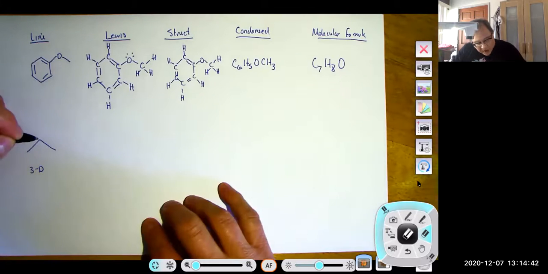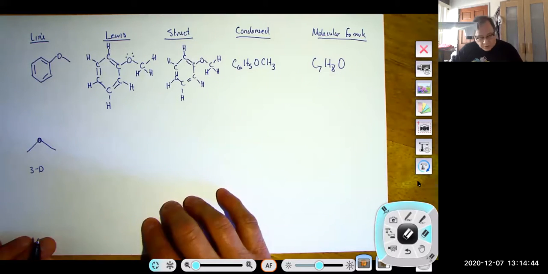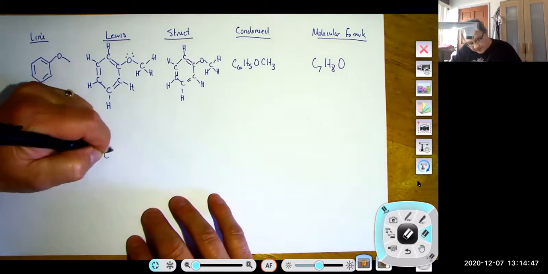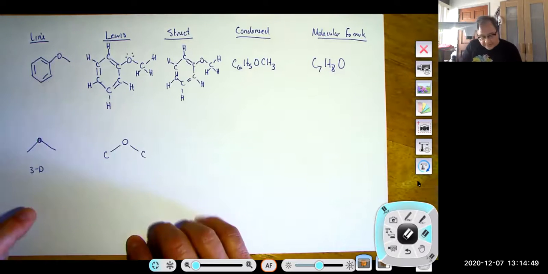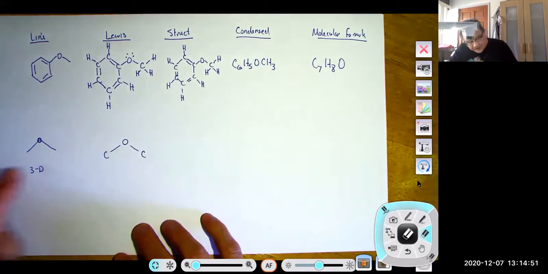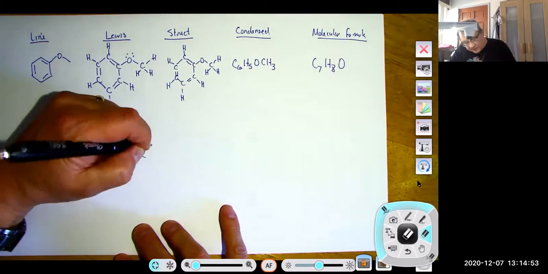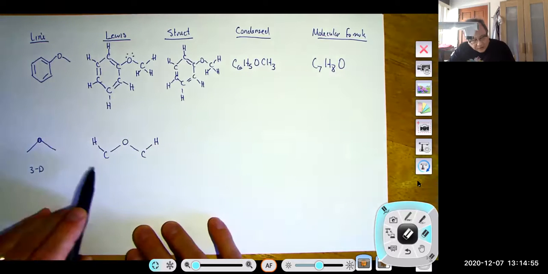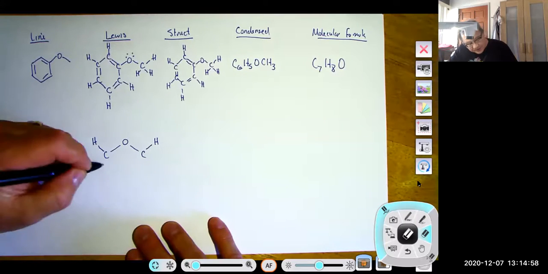So here, I'm going to put a little oxygen there. This is a 3-dimensional drawing to me. So you can see how it's a COC. And if we put the hydrogens there, I know there's 2 more hydrogens here.